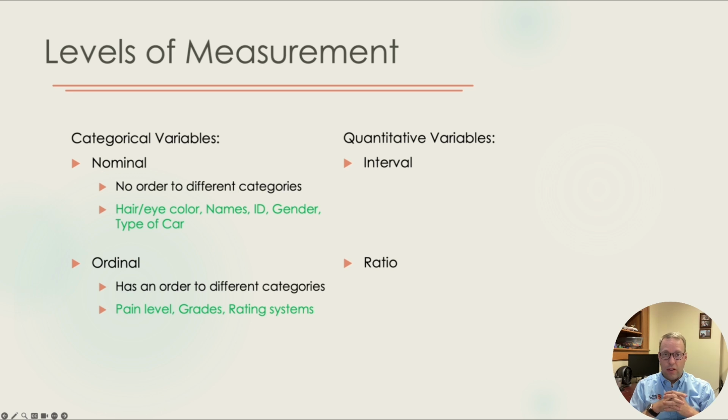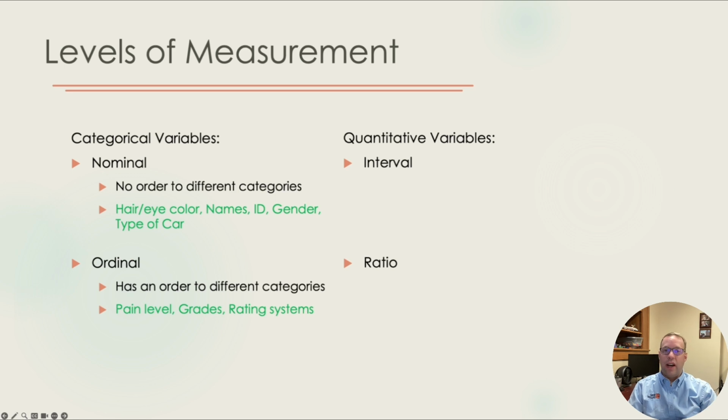Grades would be an ordinal variable. Did you get an A, a B, a C, a D, or an F on the assignment? That grade is an ordinal variable because it puts it into a specific order. Rating systems. Go on to Amazon or eBay or Walmart or whatever online shopping websites you like, and there's always a 5-star rating.